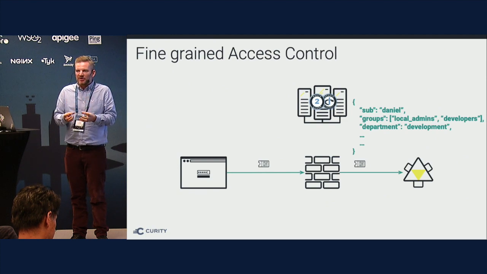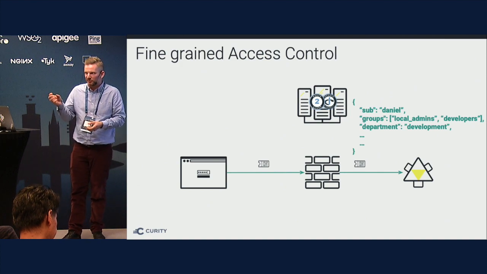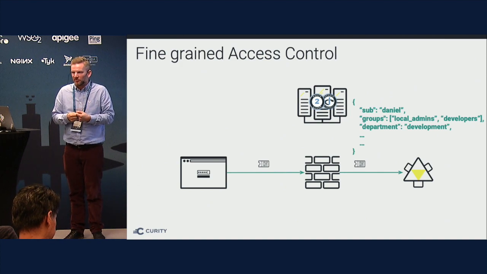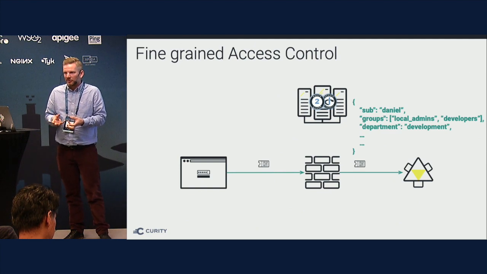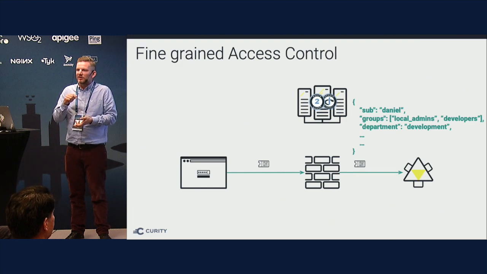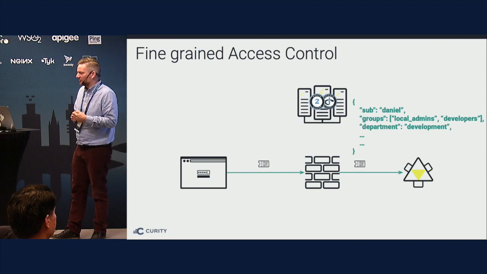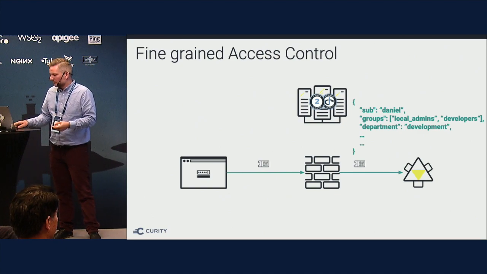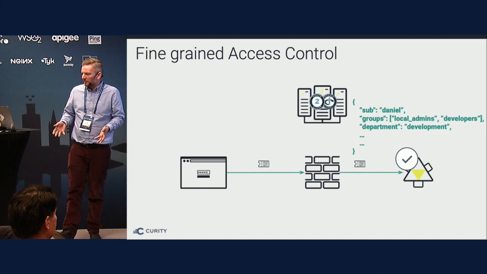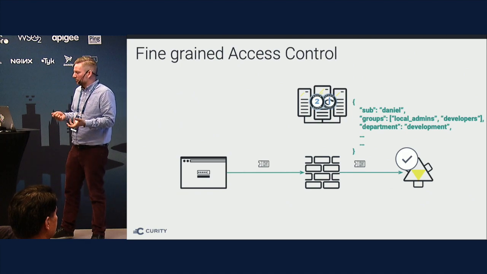Since the API can have access to the full policy, either by compiling code or using some kind of centralized authorization system. But the input to the policy is the token, where we have all the user claims and we have the client claims, and we can make the full authorization decision based on that. So in this case, we were accessing the release API. I'm part of the development group or local admins group, and you're allowed to see the data.